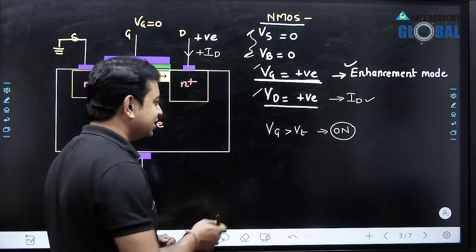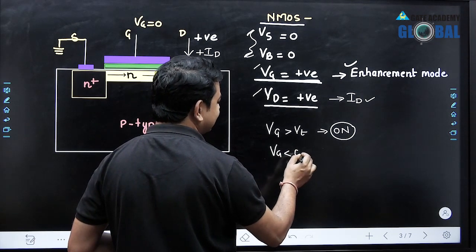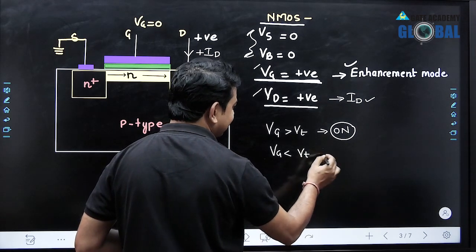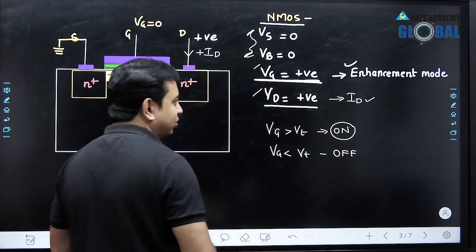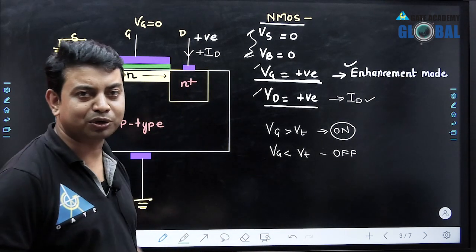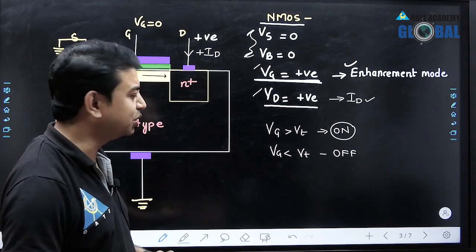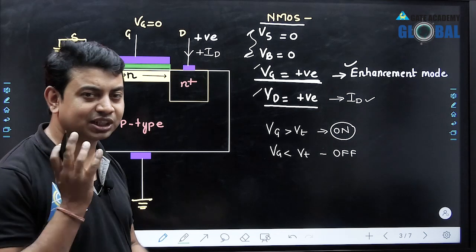And if the gate terminal voltage is less than the threshold voltage, then this is working in the off condition. So here we don't have to think about whether a depletion layer is formed or not. We just want to create a channel, or we just want to deplete the channel.